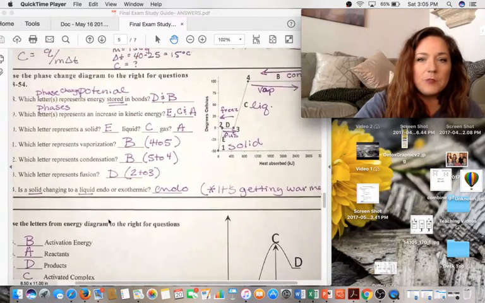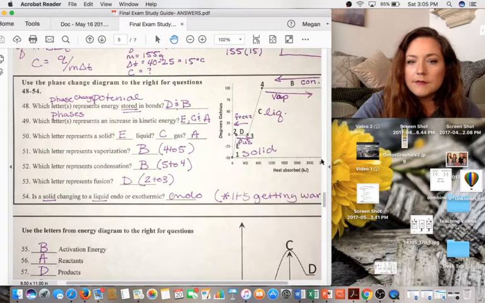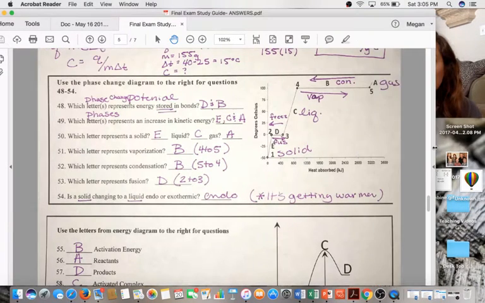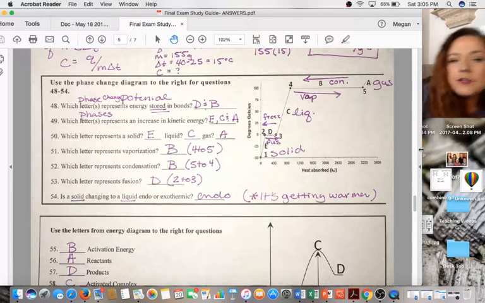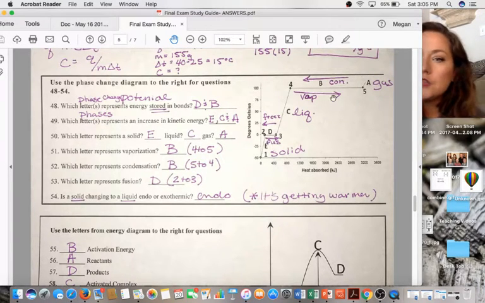Then for 51, and I'm going to try to get this to be bigger real fast. So for 51, they're talking about representing vaporization. So remember that vaporization is a directional phase change. So yes, it represents letter B, but it's 4 to 5 on B. Then for condensation, that's going to be B as well, but it's going to be 5 to 4.